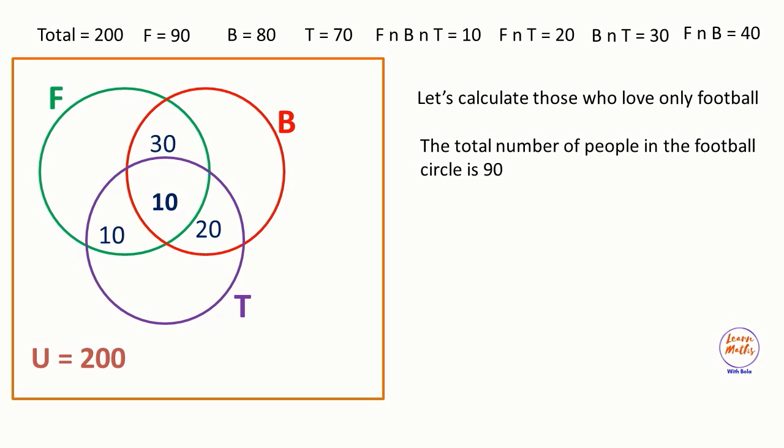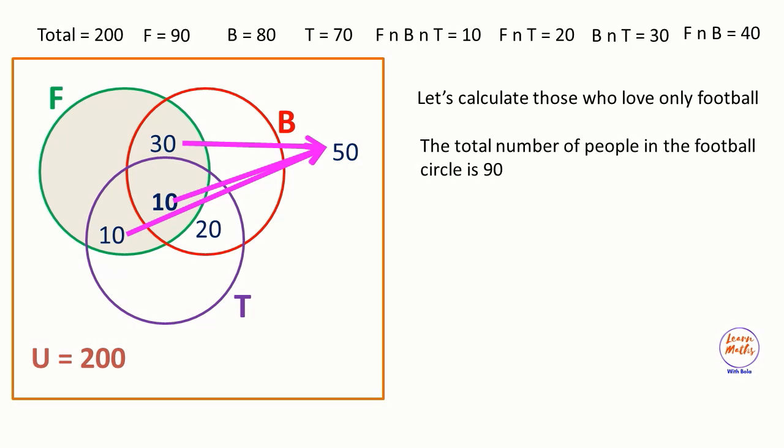So to know those who love only football, we have to subtract the other ones from the 90. So now we take everything in the brackets. What I did, in a way to explain and simplify, is to first add 30 and 10 and 10 to get 50.